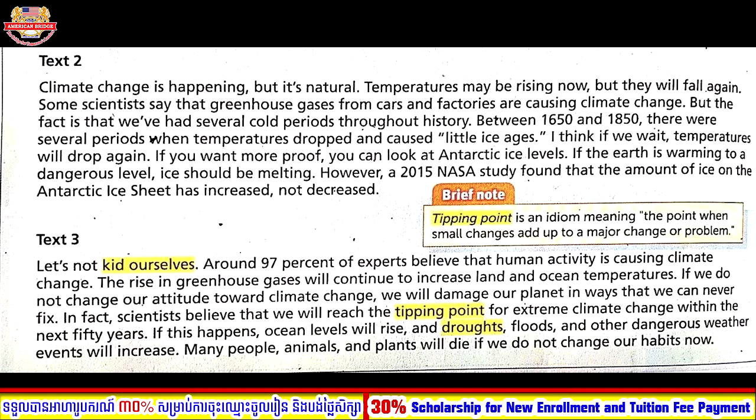In fact, scientists believe that we will reach the tipping point for extreme climate change within the next 50 years. If this happens, ocean levels will rise, and droughts, floods, and other dangerous weather events will increase. Many people, animals, and plants will die if we do not change our habits now.